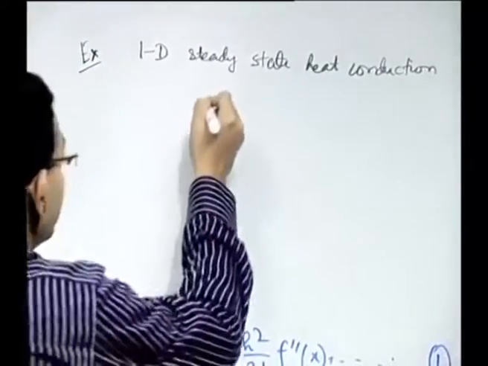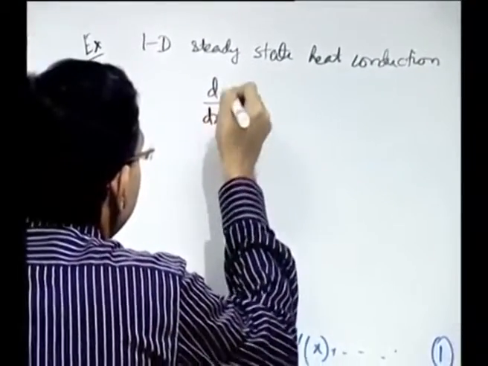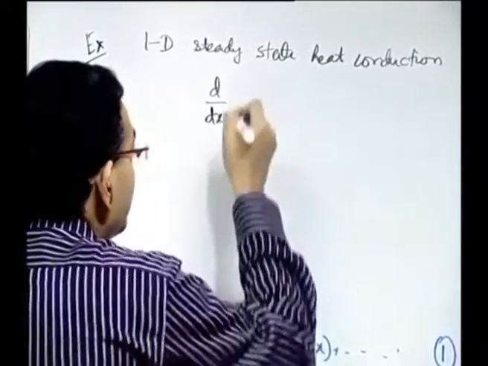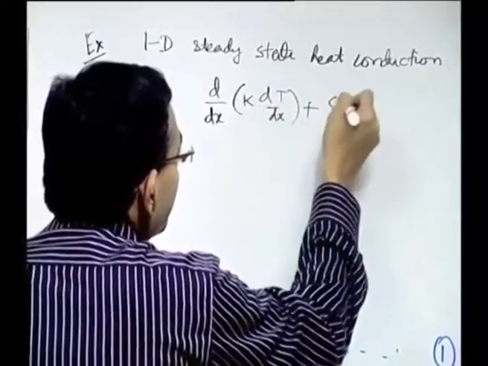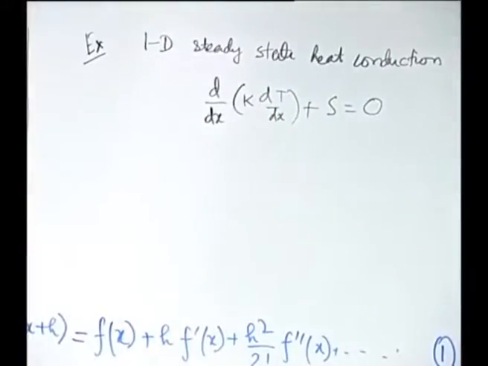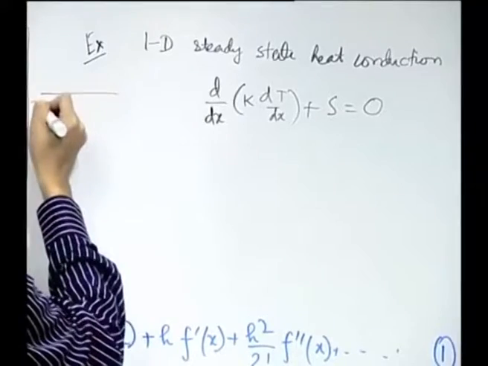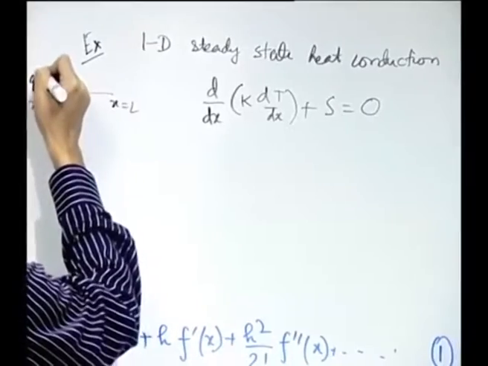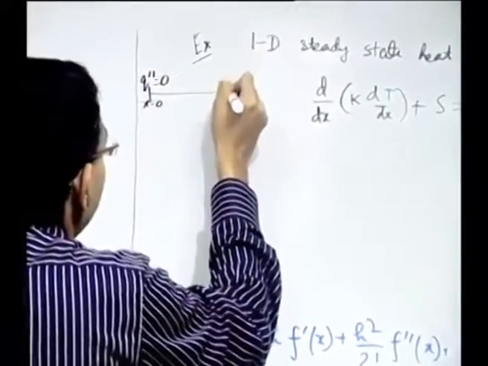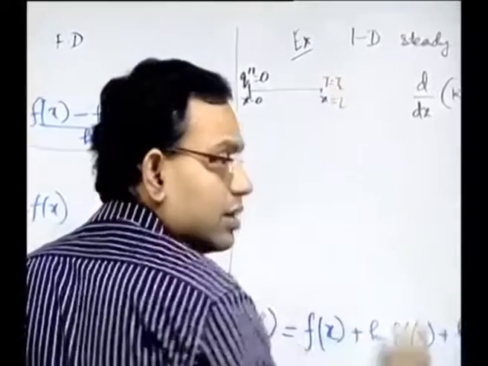We take the same problem which we considered for illustrating the finite element method, that is d dx of k dT dx plus s equal to 0, and we considered k to be constant for the particular example that we chose. The boundary conditions: we considered a rod from x equal to 0 to x equal to L. At x equal to 0 it is insulated, and at x equal to L the temperature is given.